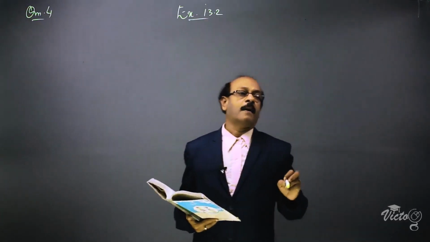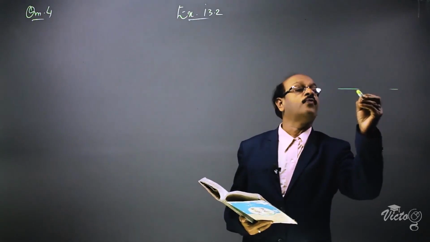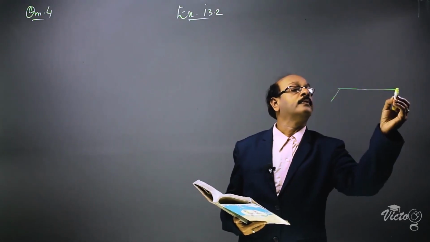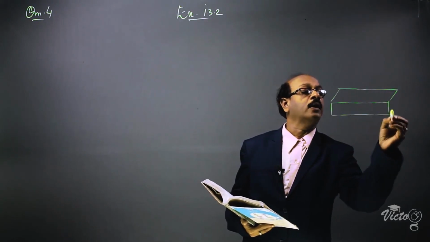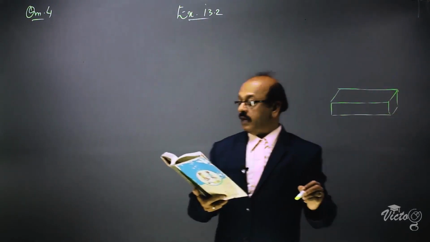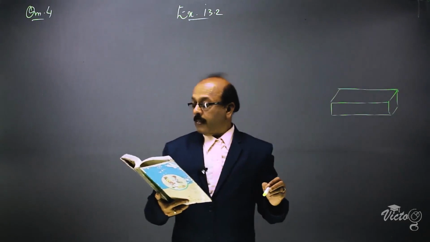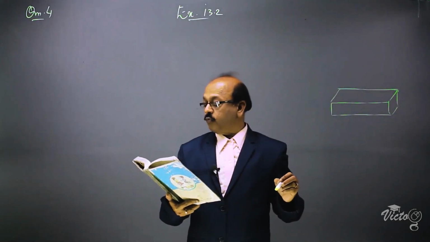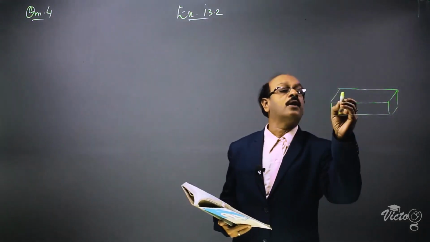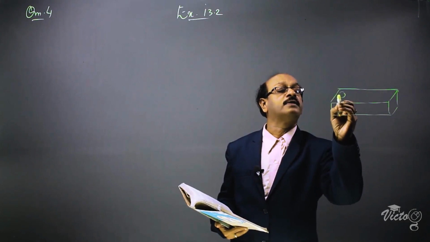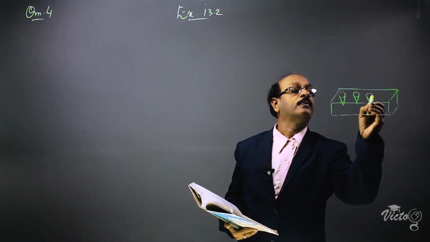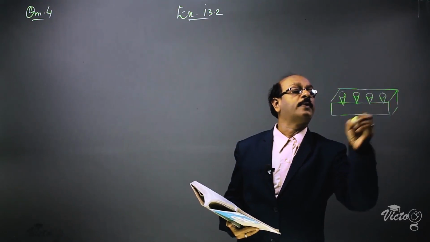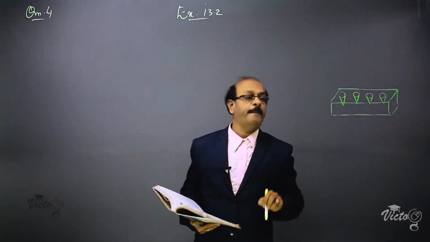Here it is a stand in the shape of a cuboid, and there are 4 conical depressions like this to hold the pens.